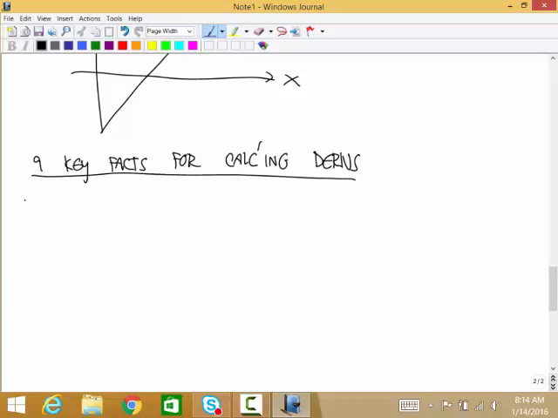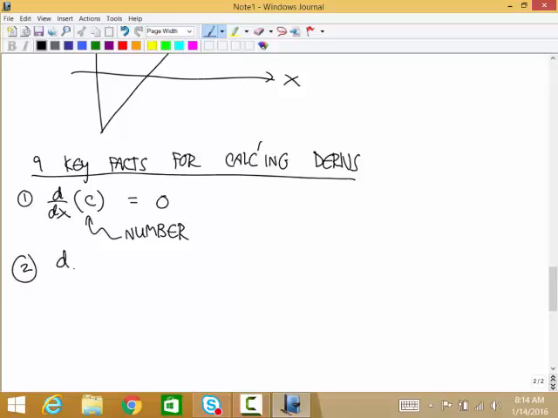Okay, so first of all, the derivative of a constant is equal to 0. So if this is just a number, derivative is equal to 0. And if you plot out that constant c as a function of x, it's just a horizontal line, and so the slope of it is equal to 0.